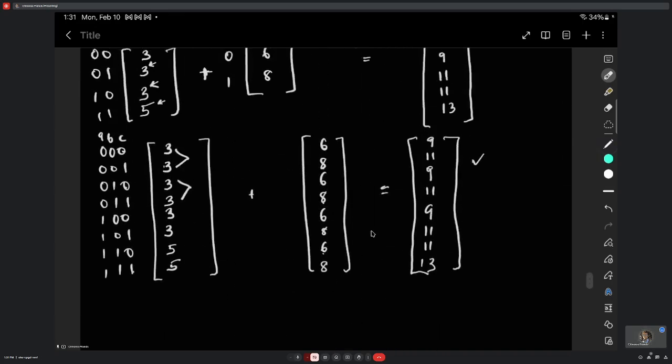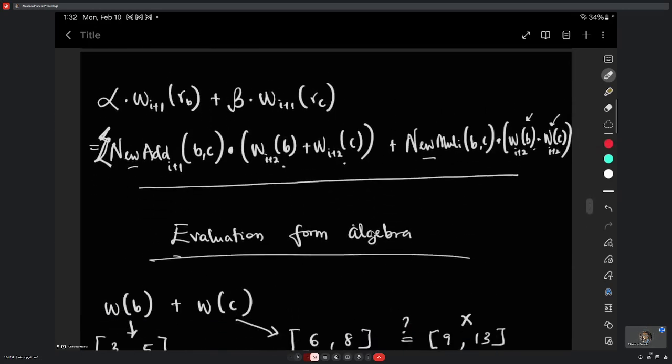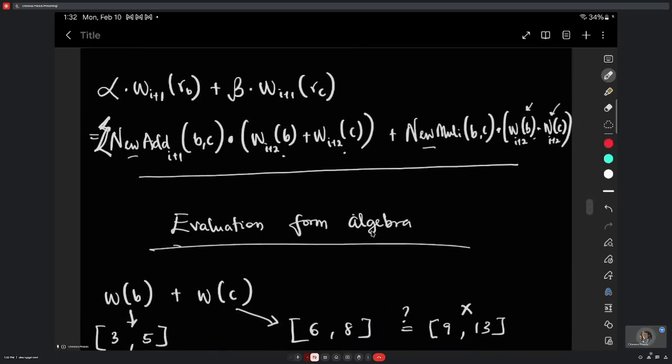So we have seen, right, that we can basically collapse this guy, right? We blow him up, we make this guy BC, make this guy BC, we add it, right? And then we make this guy BC, make this guy BC, and we multiply it, right?